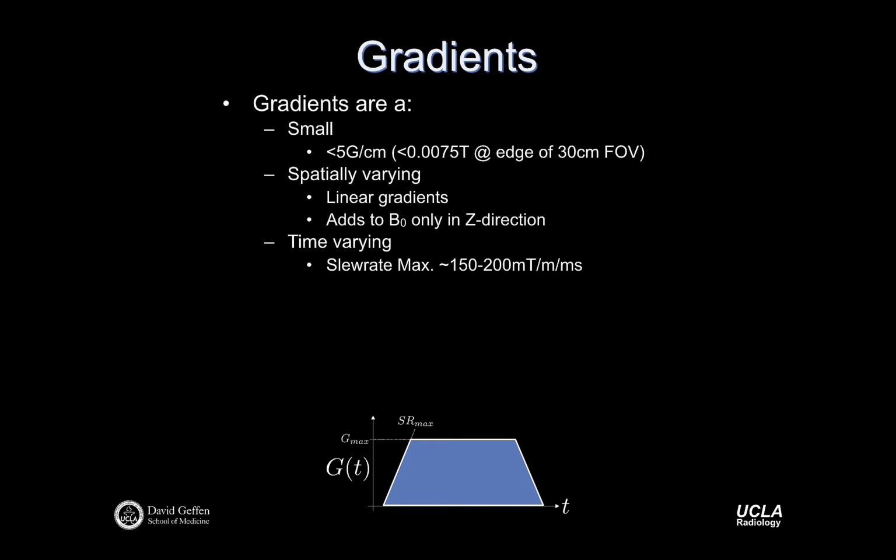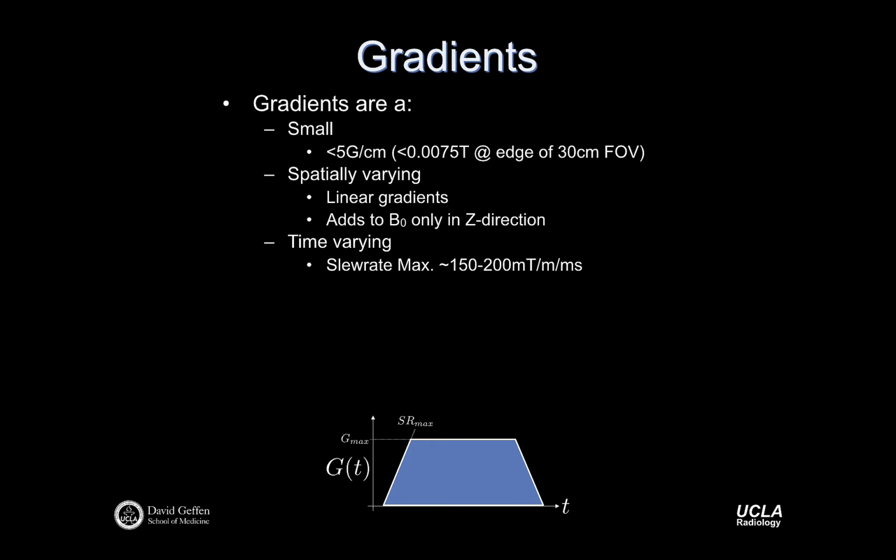We don't always use the maximum, but in this example we do. And you can only rise to the maximum at a particular rate. And we call that the slew rate. And so the MR systems that we use, and the ones we'll talk about in this class, have a specified Gmax. This is something that, when I'm looking for new scanners, I'm looking, wow, what's their Gmax, man?